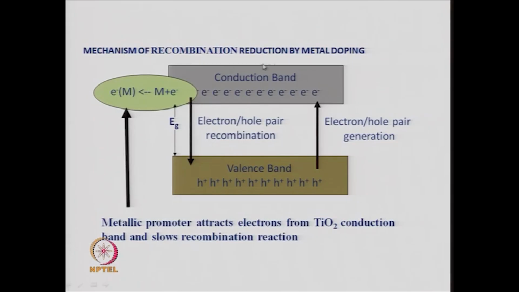So, the mechanism of recombination reduction by metal doping. You are trying to dope metals. So, what happens? The metallic promoter attracts electrons from the TiO2 conduction band. Now, in a typical experiment, you generate electrons in the conduction band and holes in the valence band when you shine light.